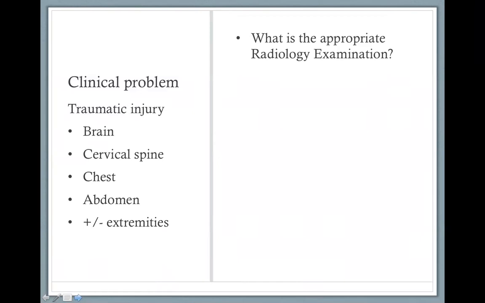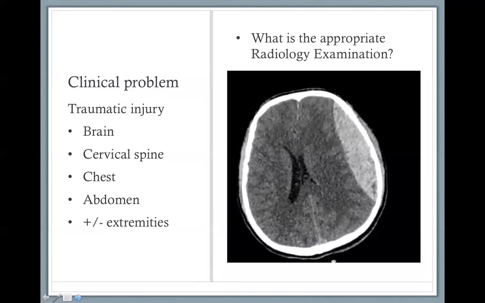We did also talk about clinical problems in which it's not about the patient's symptoms, but more about the incident itself, like traumatic injuries. This is a patient, for example, who had a trauma and presented to the emergency room unconscious. So they did CT.